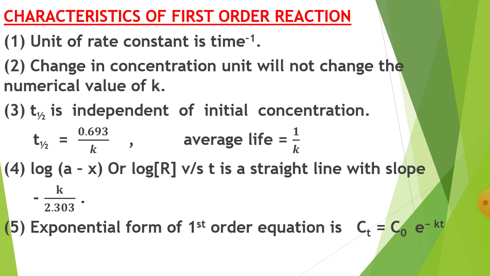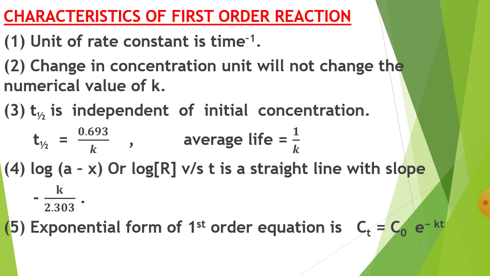Now, fourth characteristic of first order reaction, this I also explained to you: the graph of log (a minus x), that is final concentration, or log R versus t, is a straight line whose slope is minus K by 2.303. In this lecture, I drew the graph between log R versus t, whose slope is minus K by 2.303.